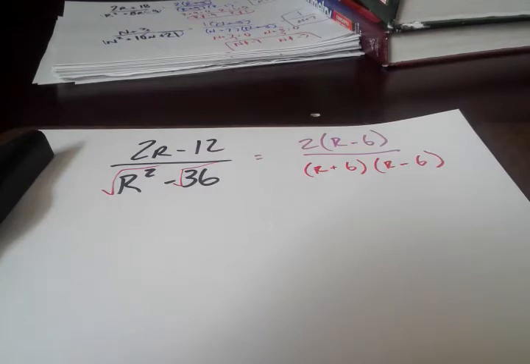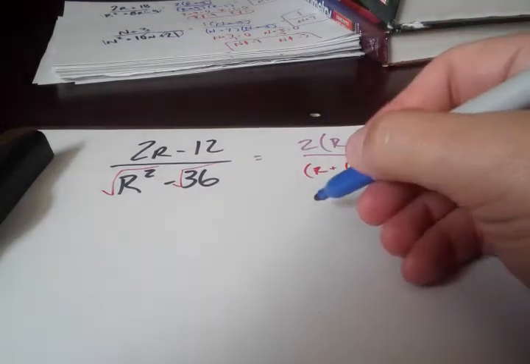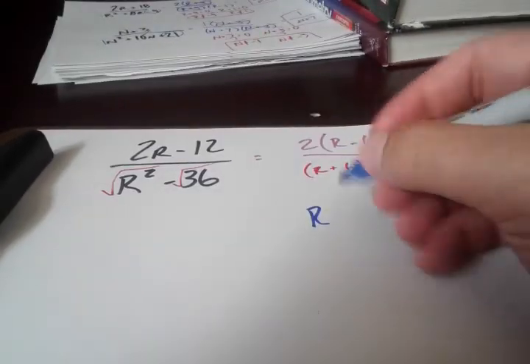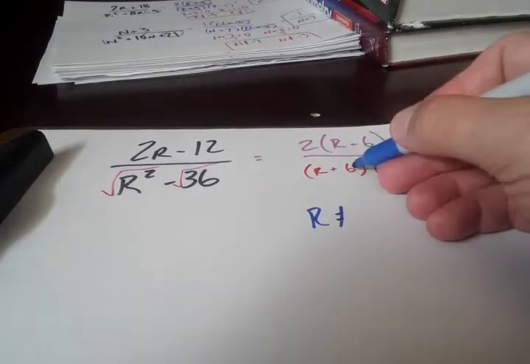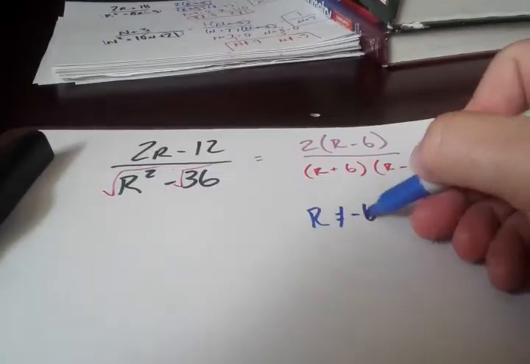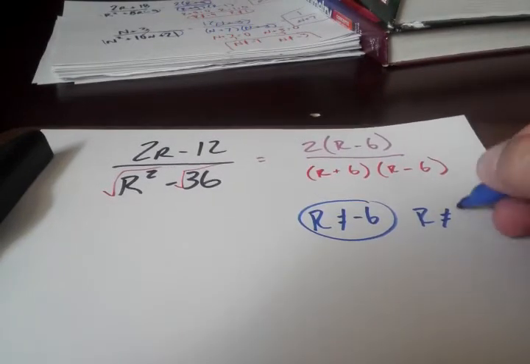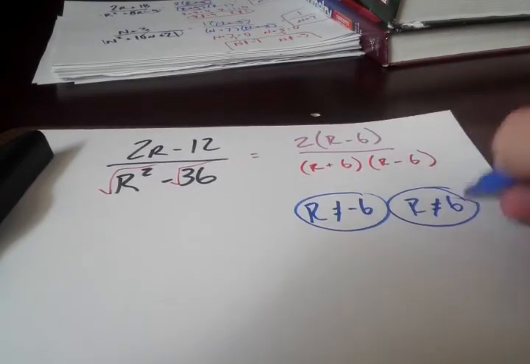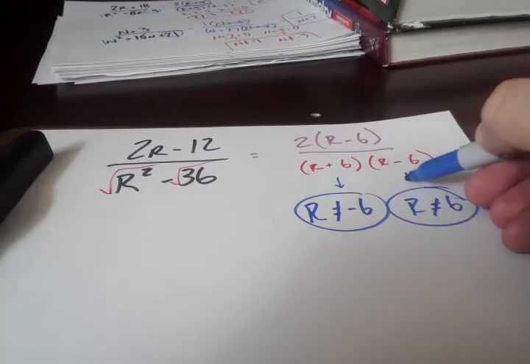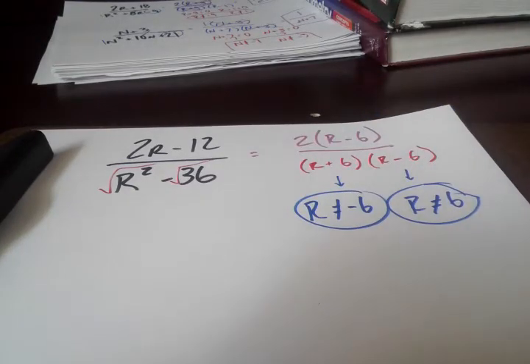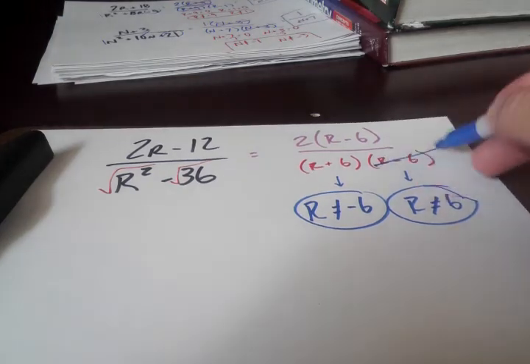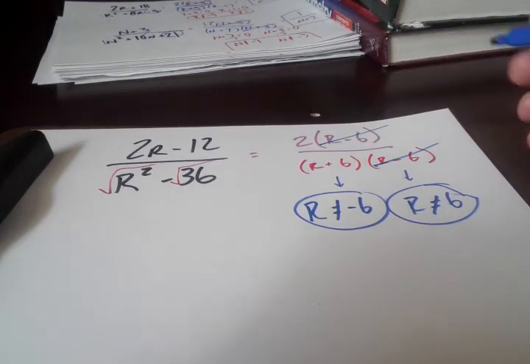All right, let's stop. Since we have expanded the bottom, let's look for our 2 excluded values. Remember, it's the opposite. R can't equal -6, and R can't equal +6. All right, those are the excluded values from these 2 things if we set them equal to 0. Now let's look to see if we can cancel this binomial, and that binomial can cancel.